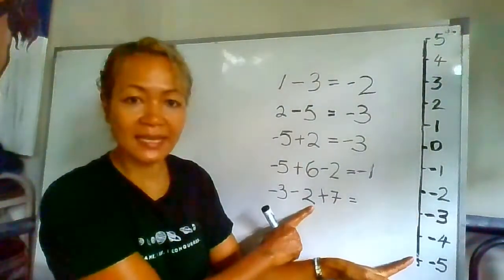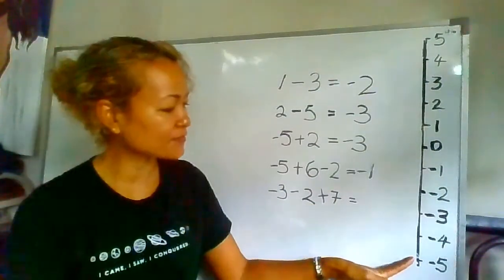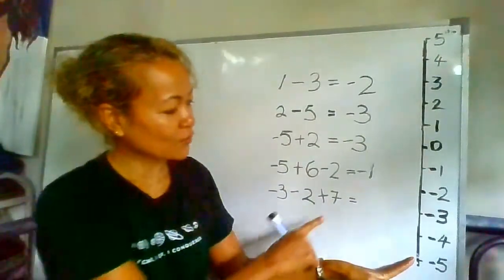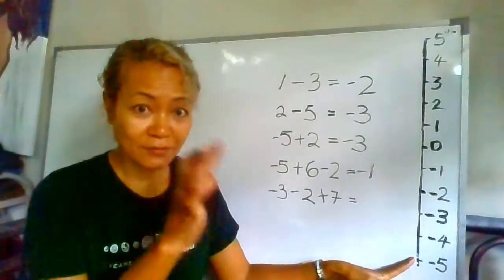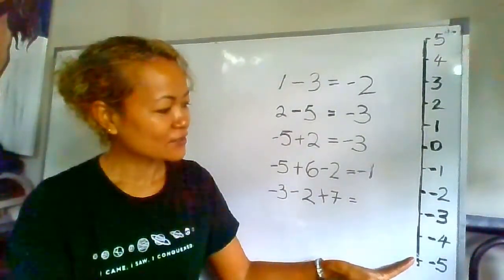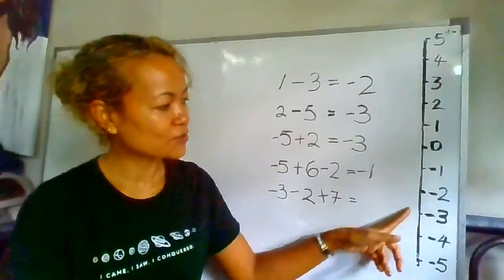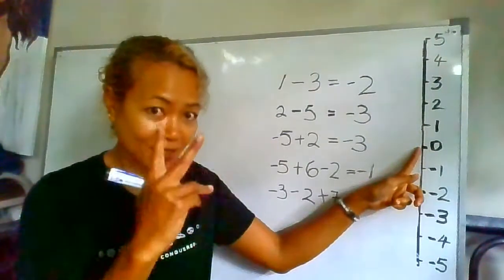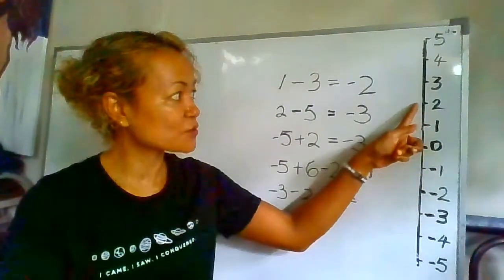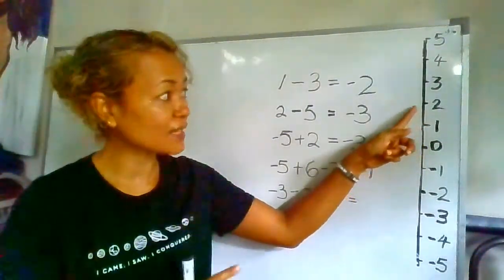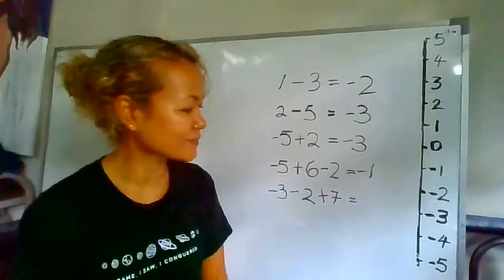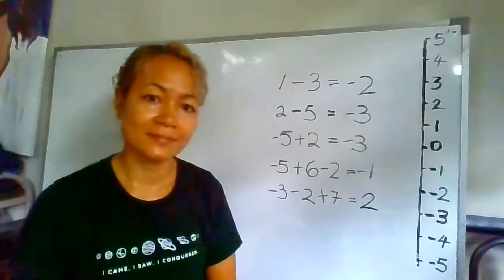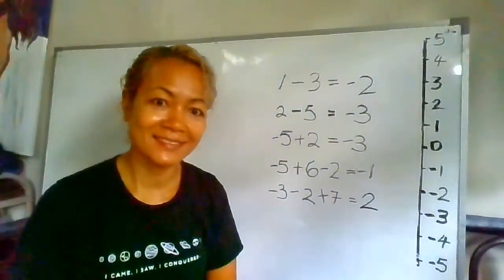So after this, you end up at minus 5. And then we plus 7. So 7 is made up of 5 and 2, right? So first you go up 5. 1, 2, 3, 4, 5. Now you're at the 0 point. And you've got another 2 to go up. 1, 2. Now you've gone up 7 and you ended up at 2. Make sense?